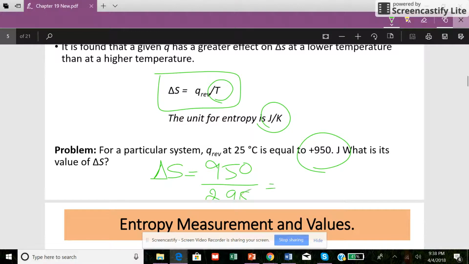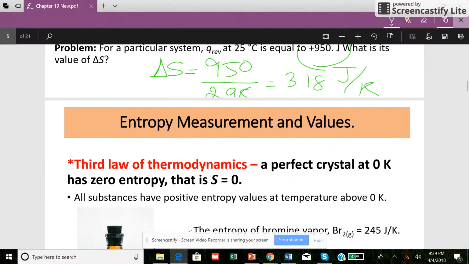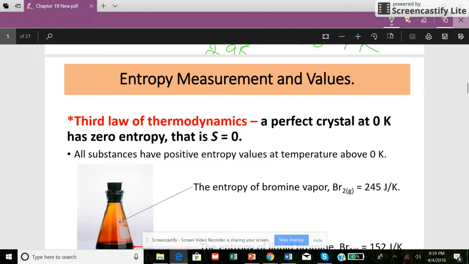Okay, 950 divided by 298, what we have is 3.18. The unit is joule per Kelvin, just like that. Now we talked about the second law of thermodynamics. Now we want to talk about the last law of thermodynamics. This is called the third law of thermodynamics.